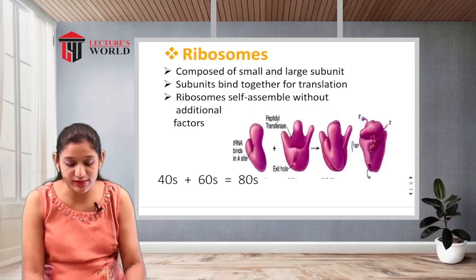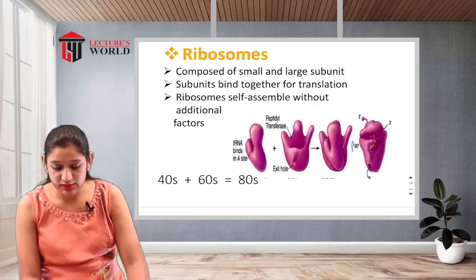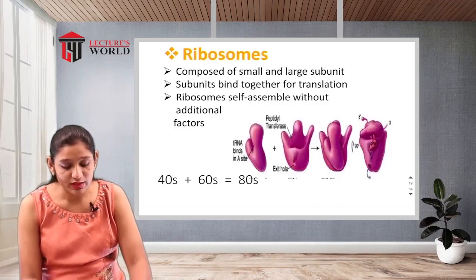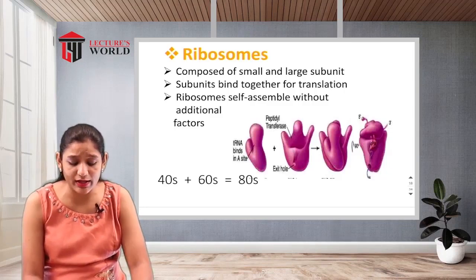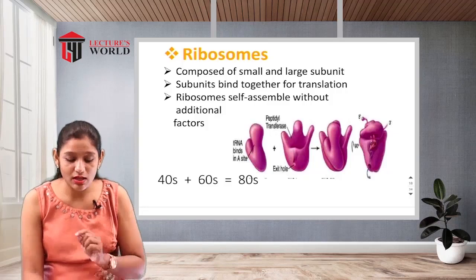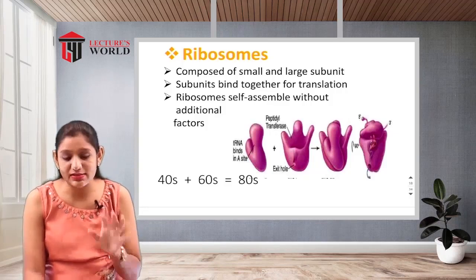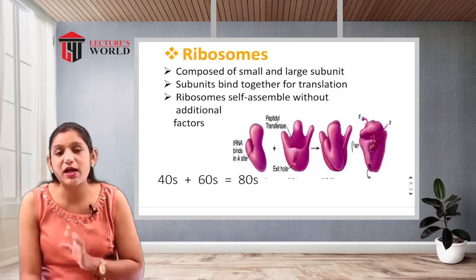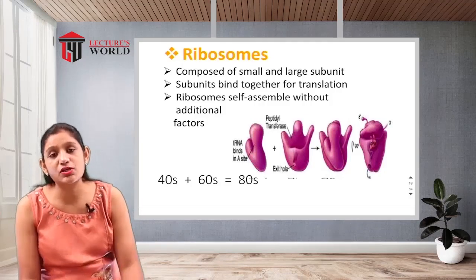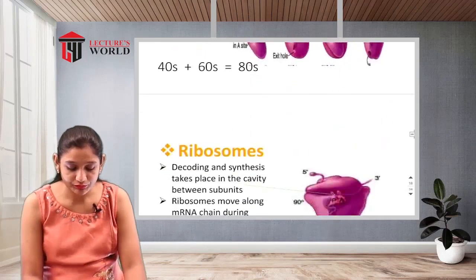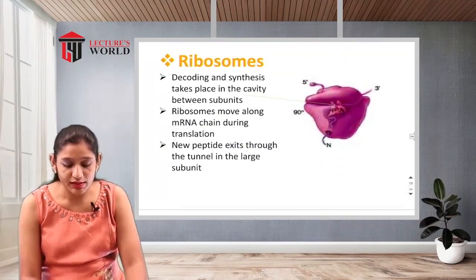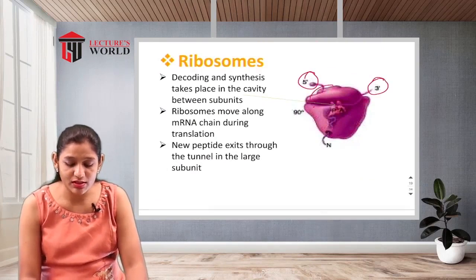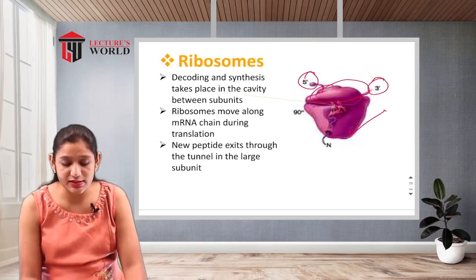The subunits bind together for translation. The ribosome self-assembles without additional factors. Here is the 5 prime and the 3 prime, the small subunit and the large subunit.